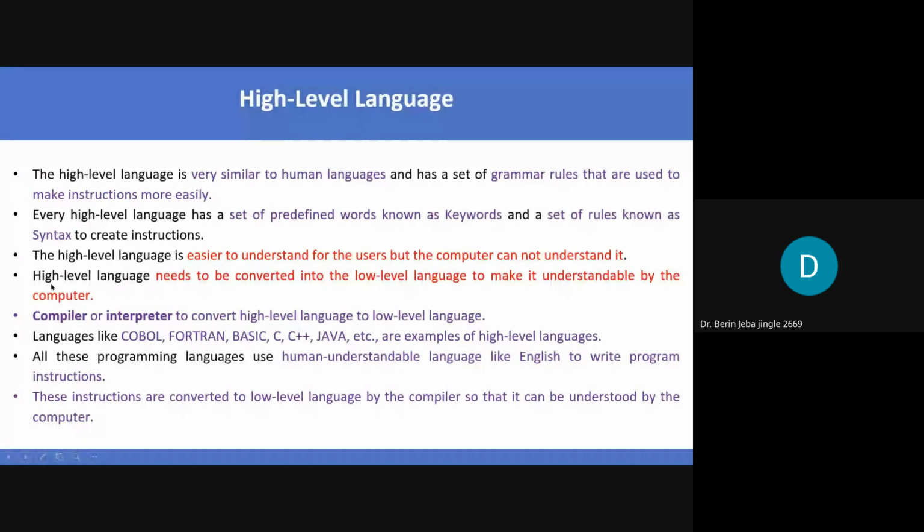Here, a compiler or an interpreter is used to convert. This is very, very important. High level languages are converted to low level languages using compilers or interpreters.